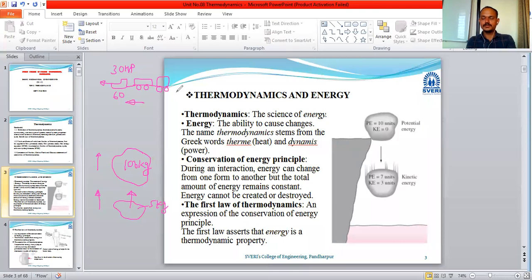Mechanical energy first, and after mechanical energy, this energy is again converted into electrical energy. Correct?